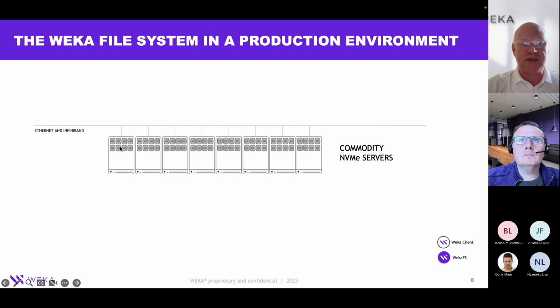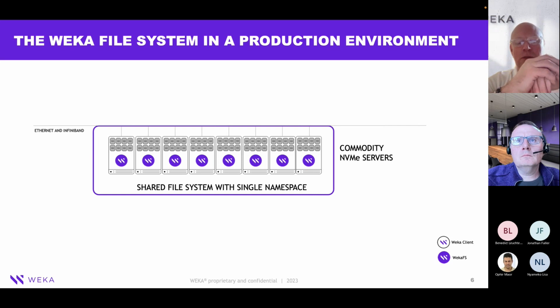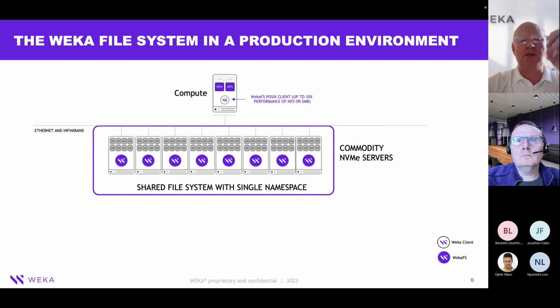And we download the Weka software onto each of these Linux servers, and we glue them together to produce a unified POSIX namespace that a GPU client, your A100 or your DGX box, can connect to.